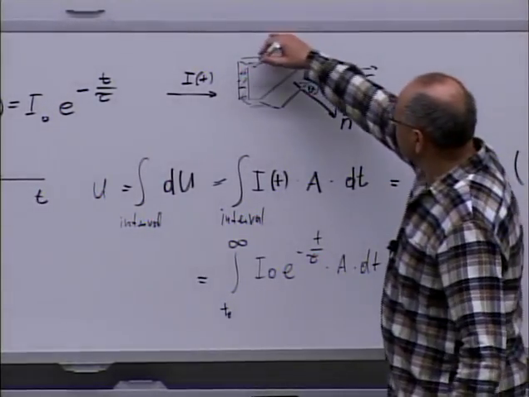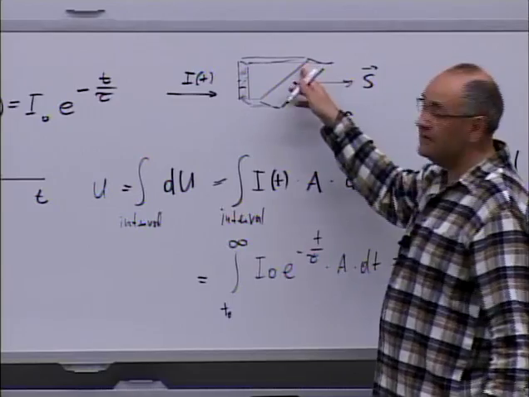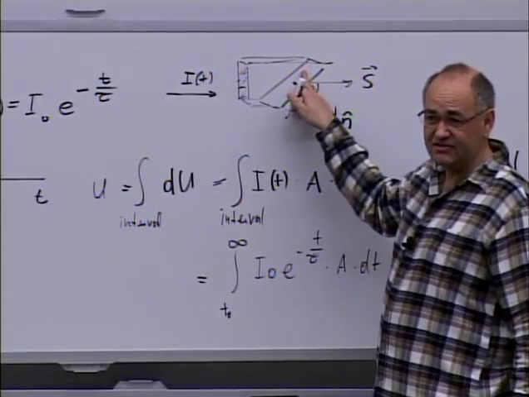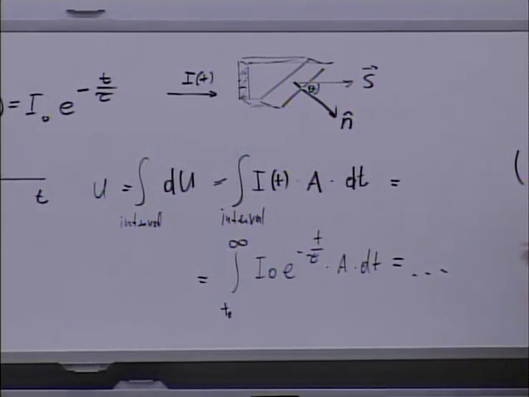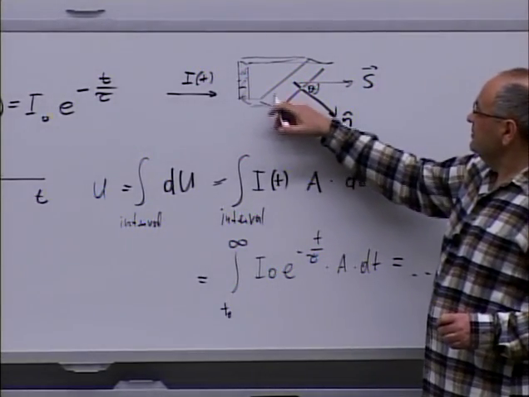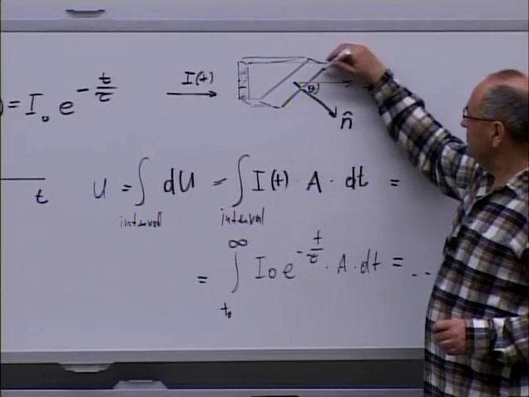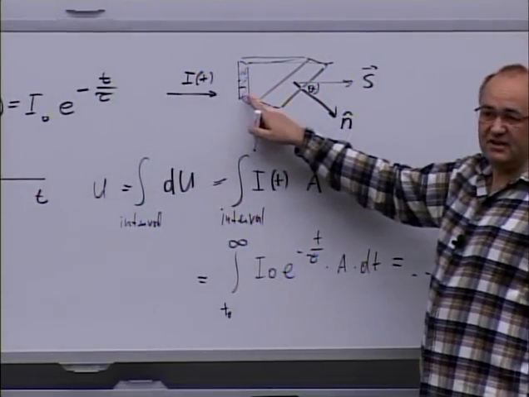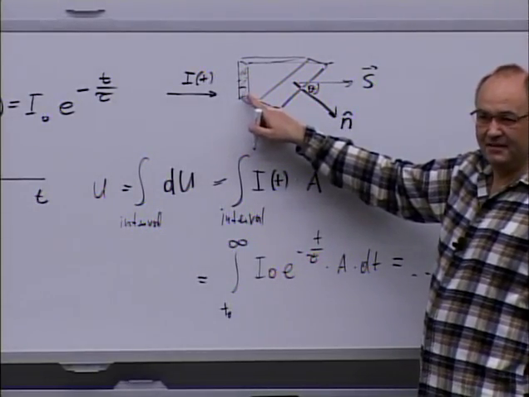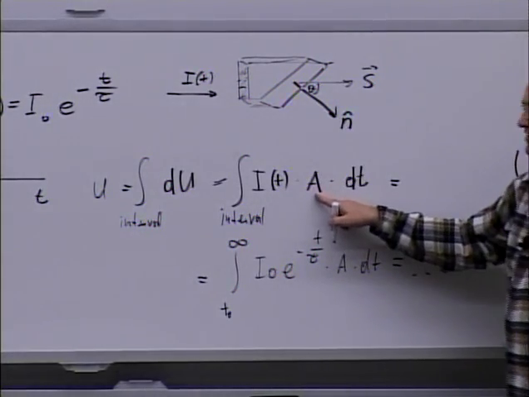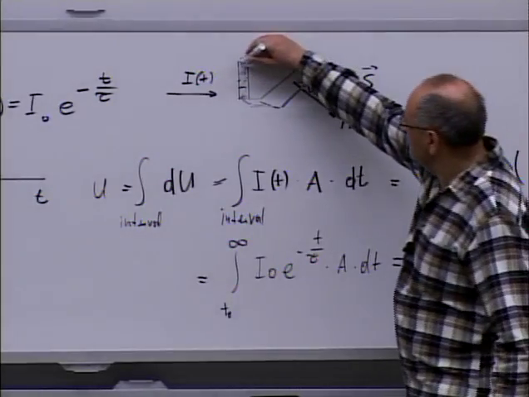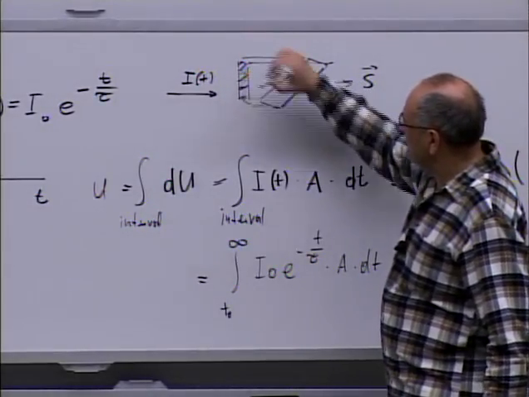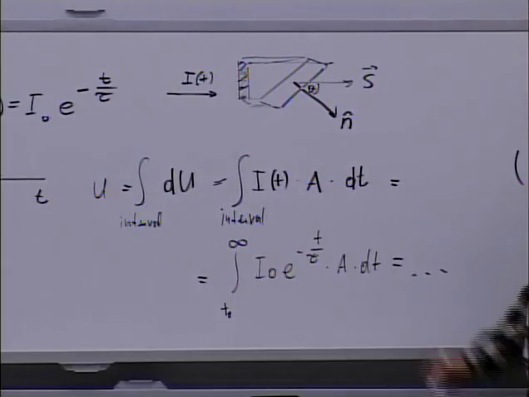And now I can recognize that whatever crosses this surface is going to fall on that inclined surface. So really, in order to find out how much energy is going to fall on this surface, I will have to figure out how much energy crosses this one. So this A now has to be the area of this surface.